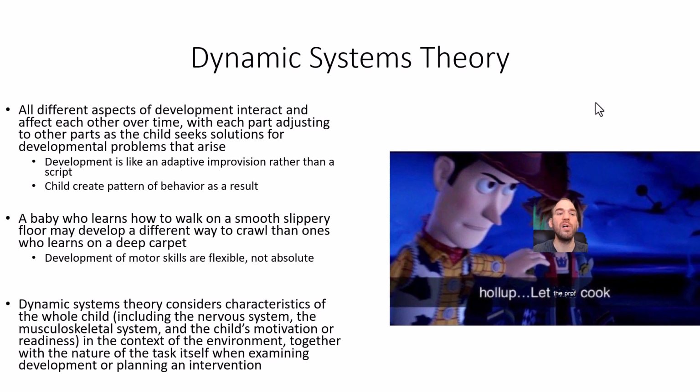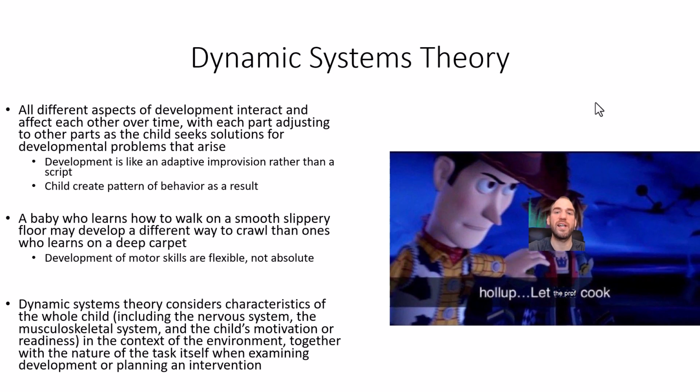So, for example, learning how to walk on a tile floor where everything's smooth, and if you fall, ow, I hurt my leg, versus learning to walk on a nice deep carpet where you fall and it doesn't hurt you. Thus, your developmental trajectory and how you learn to walk is going to be a little different within those contexts, which then may impact later development, such as your willingness to interact with people socially, or some other motor skills.